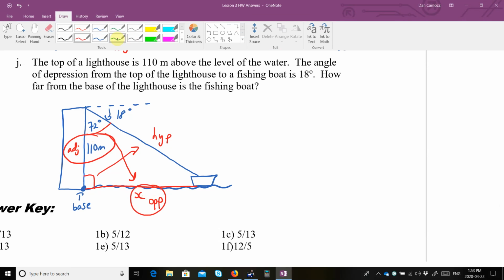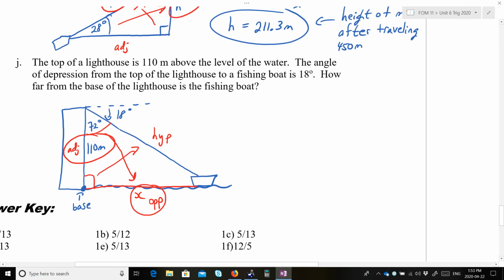Okay, so we have the adjacent, and we are looking for x, the opposite side. And so which trig ratio deals with opposite and adjacent? So we'll do SOHCAHTOA yet again, because we have a 90-degree triangle. Opposite, adjacent comes from tan. Beautiful. So tan of 72 degrees is equal to opposite side x divided by adjacent 110. And we solve this for x.